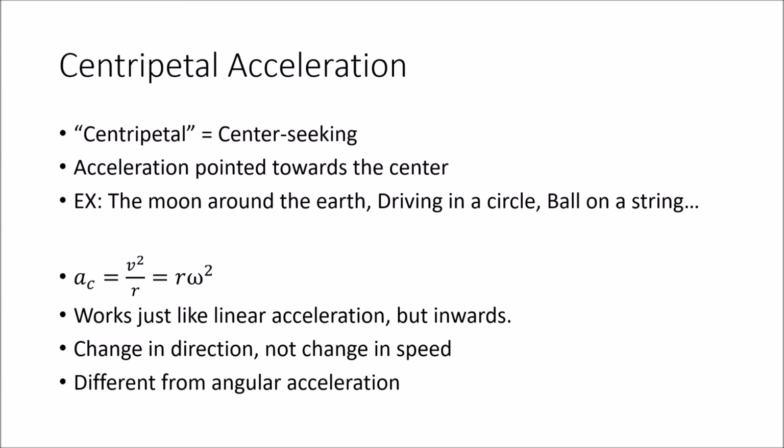As the moon goes around the Earth, there's only one force causing that to happen, and that's gravity, and that gravitational force points towards the center. And because there's a gravitational force pointing towards the center, there's also an acceleration pointing towards the center.